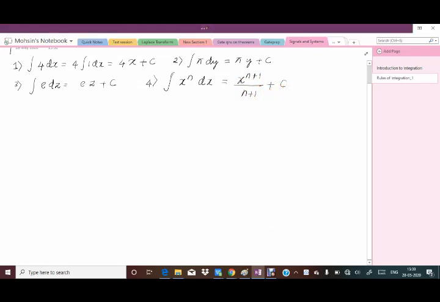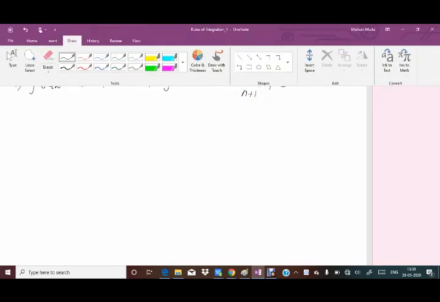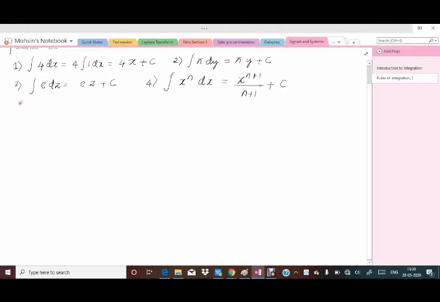So let us take a few examples to elaborate that. First example: x square dx. In this case n value is 2, so I'm going to write x cube divided by 3 plus c. What about x cube dx? In this case it's going to be x raised to 4 divided by 4 plus c.